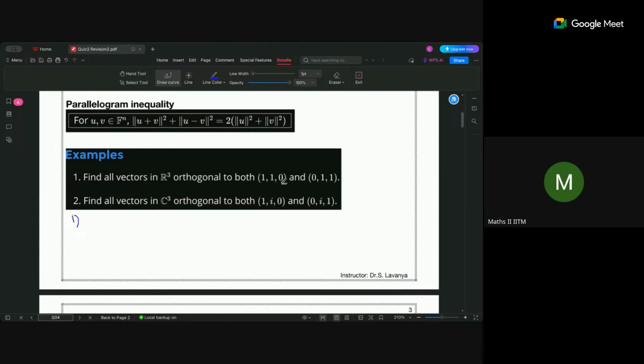What is the set of all vectors orthogonal to these vectors called? It is called the orthogonal complement, right?